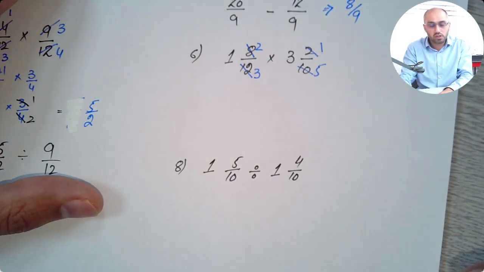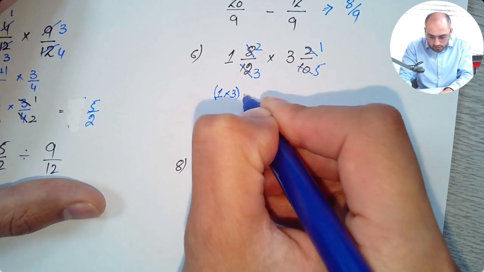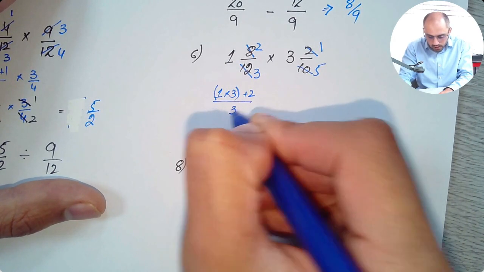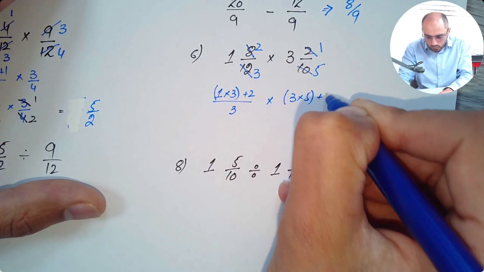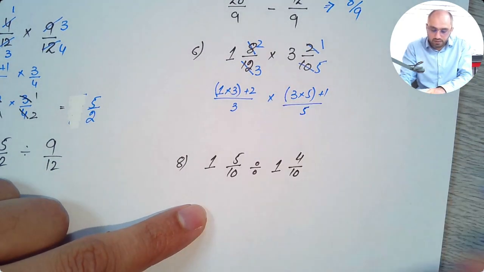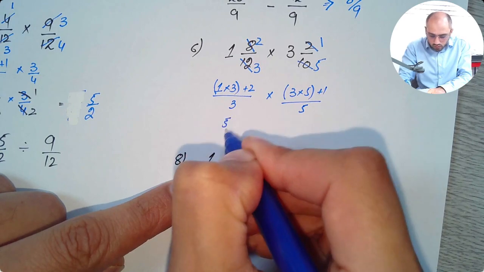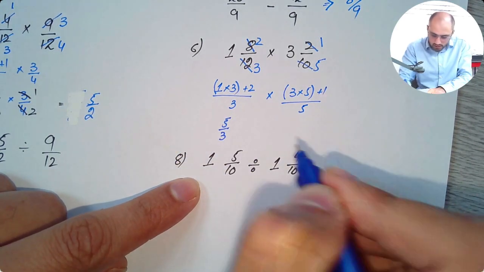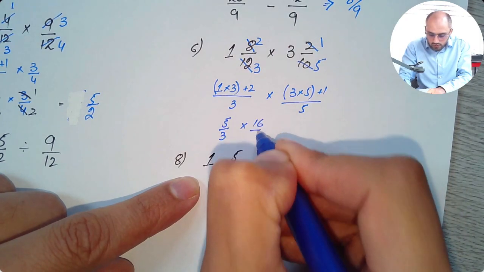For that, we'll follow the same method. We'll multiply 1 with the denominator and add the numerator over 3, and 3 times 5, add 1 over 5. The first fraction will change to 5 over 3, times the second fraction, which will change to 16 over 5.